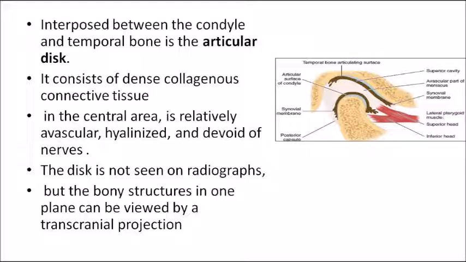In the central area, between the articular surface of the condyle and the articulating surface of the temporal bone, there is an avascular, hyalinized region which is devoid of nerve supply. So the articular disc is a dense collagenous connective tissue interposed between the condyle and the temporal bone.